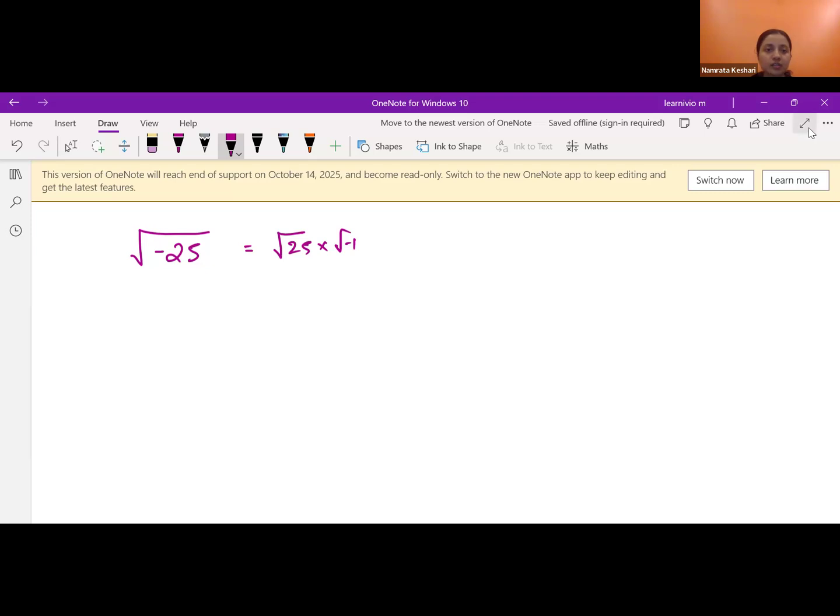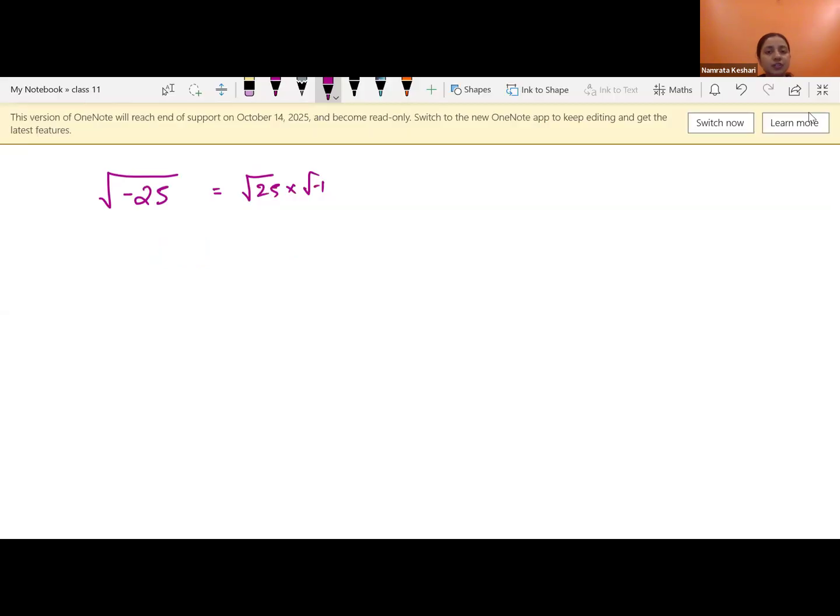Clear. Okay, so can we write under root minus 25 as root 25 into root minus 1? Yes, teacher. Root 25 is a perfect square number which can be written as just 5, and root minus 1, just now I have declared, is I, right? So 5I. Okay, if we have under root minus 81, what can be written, Abdul? 9I.